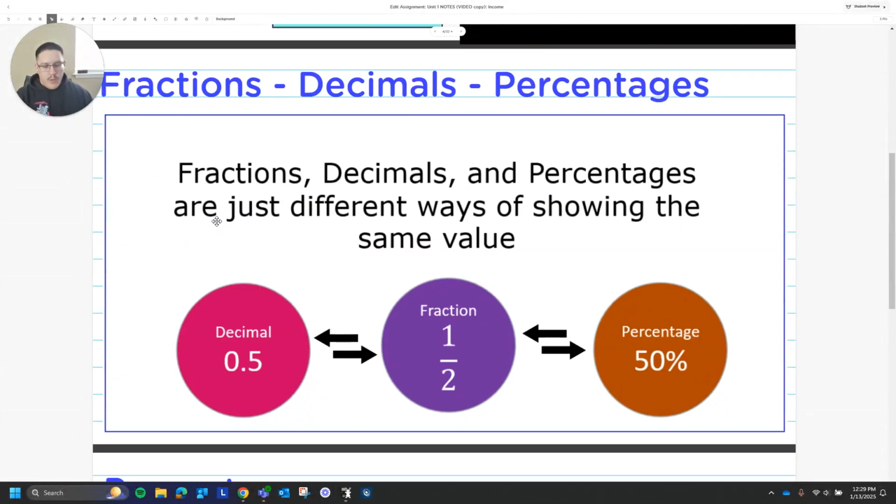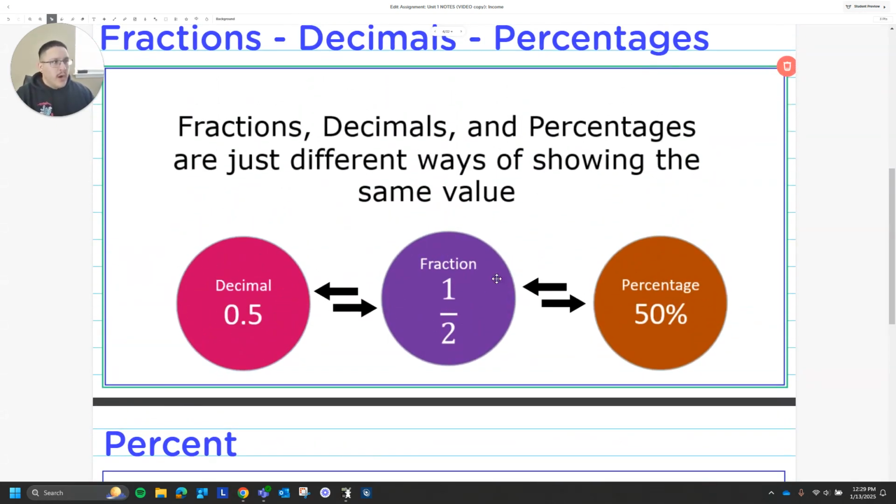All right, some more reminders about fractions, decimals, and percentages. It's going to be good to have this skill down. The skill of going from a fraction to a decimal to a percentage, and going backwards. Being able to change between all 3 different forms.